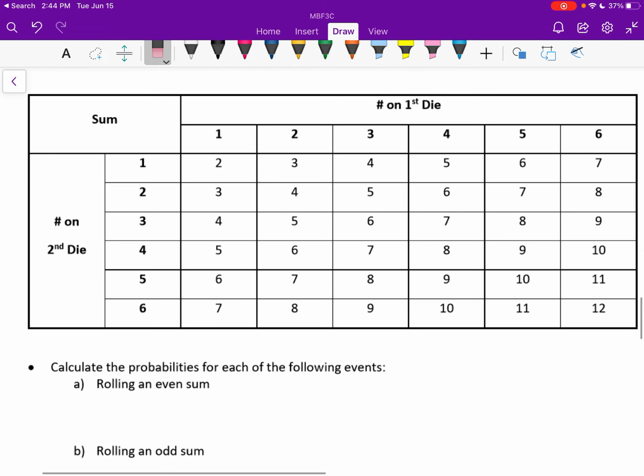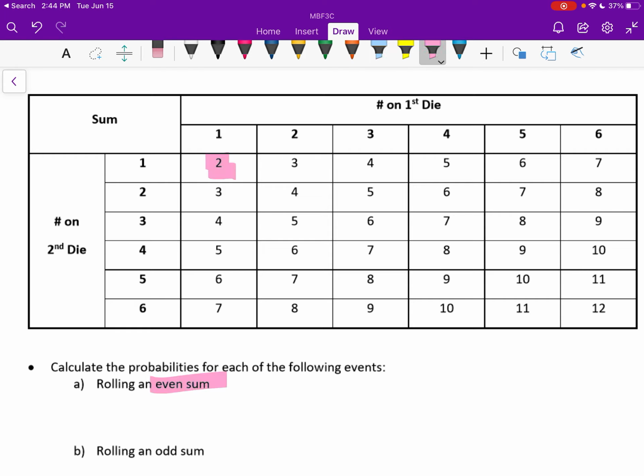So if we think about rolling an even sum, let's go ahead, use our highlighter, and highlight all the even sums. Be careful to leave this column and this column alone because it's just the die faces. So leave the bold column alone. Let's use pink. Let's go find all the even sums.